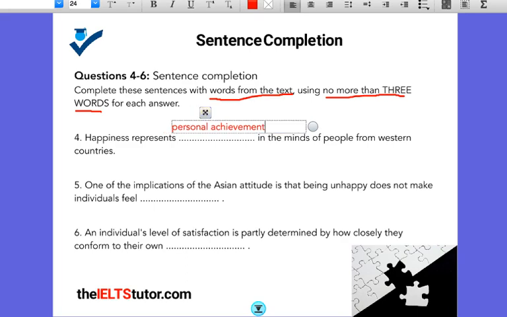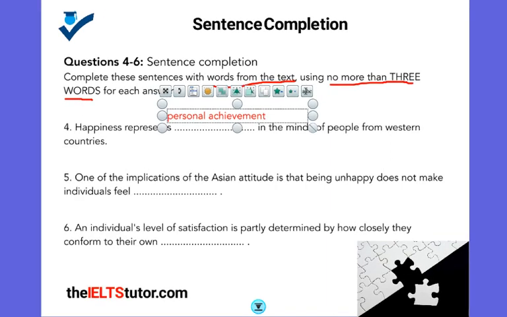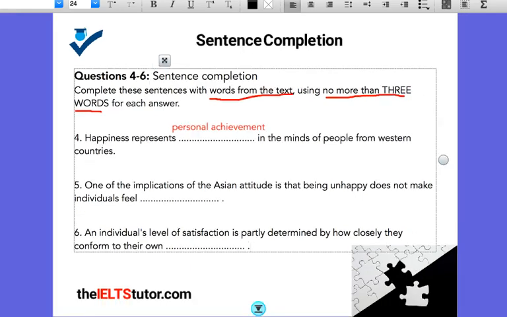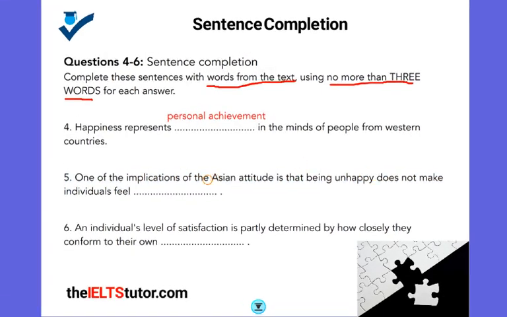Okay, now question 5. One of the implications of the Asian attitude is that being unhappy does not make individuals feel something. Okay, I'm just going to copy and paste that for your reference in a short while. Okay, so the keyword here is implication, meaning results or consequences.